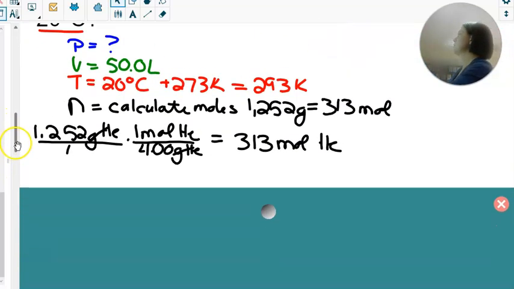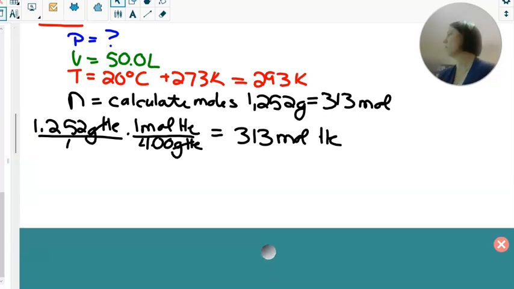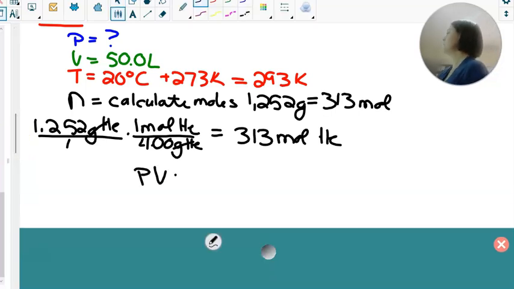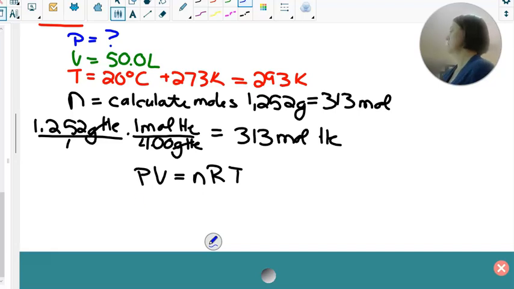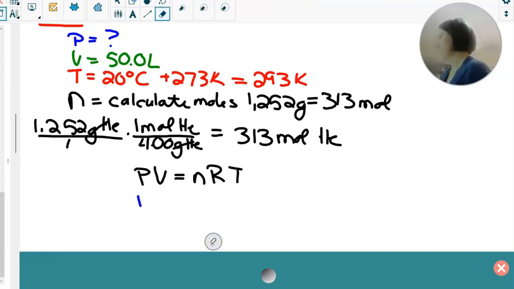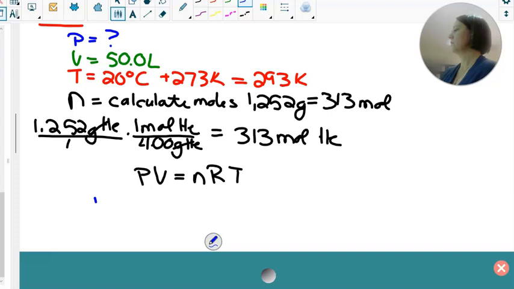So let's write our equation. PV equals nRT. And so our pressure is what we're solving for. I'll move it over just a little bit. Our pressure is what we're solving for.